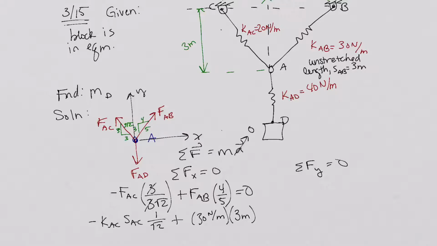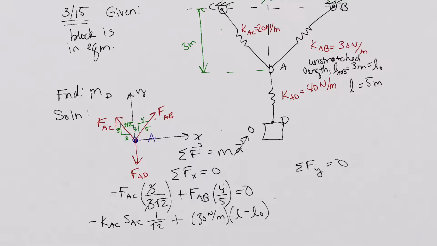So the length minus the original length is what that S is. Sorry about that. So what happens when you write the wrong thing down? So the unstretched length L of AB is 3 meters. So that equals L original. The L now equals 5 meters, because we know it's a 3, 4, 5 triangle.